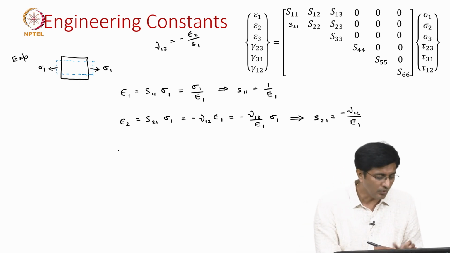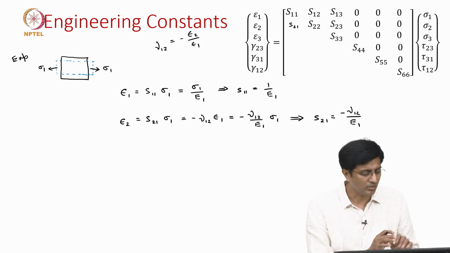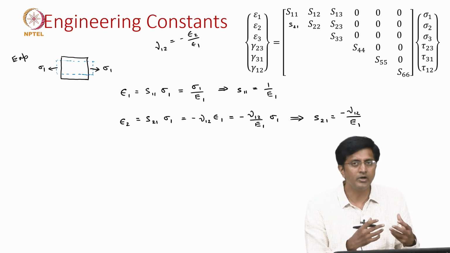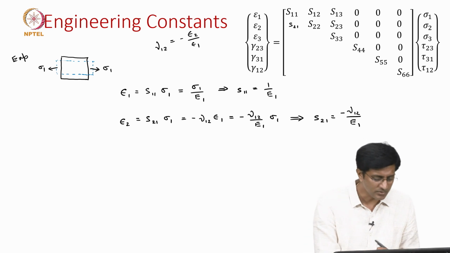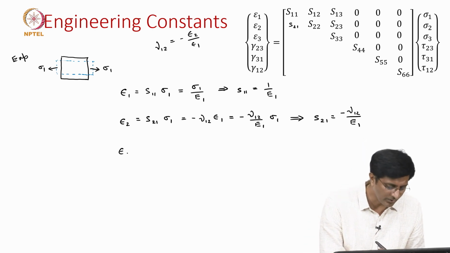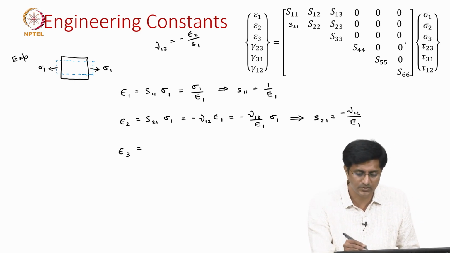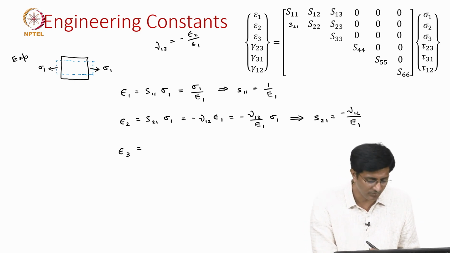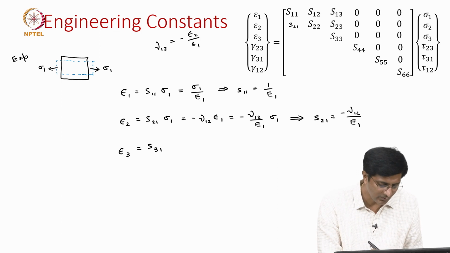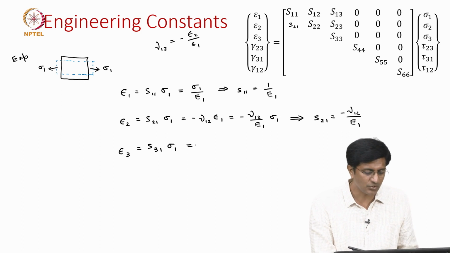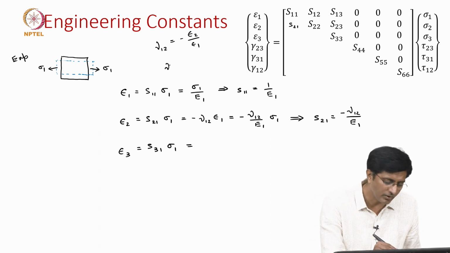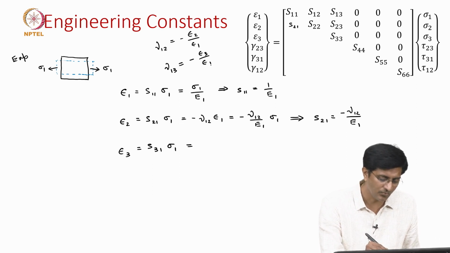Similarly, though here I am only showing you the 1 2 plane, we are considering a 3-dimensional object. So of course there will be a third component of the strain as well, and from the strain-stress relation we can write it as S31 times sigma 1. From the definition of Poisson ratio, I can bring in nu 1 3, which is minus epsilon 3 by epsilon 1.